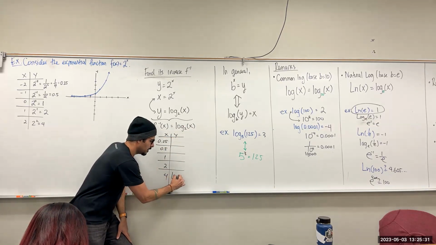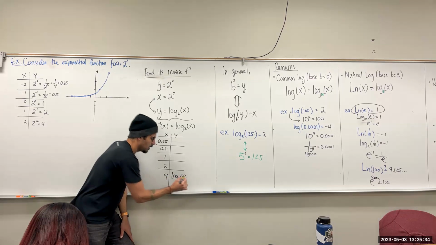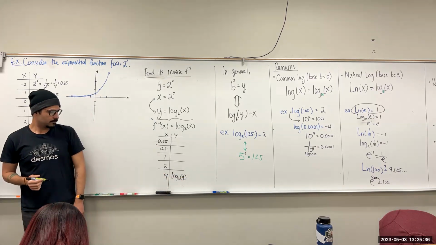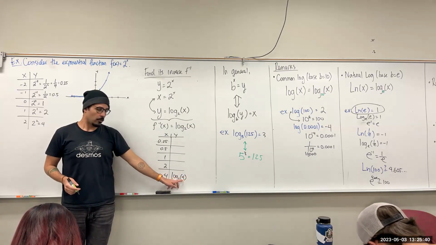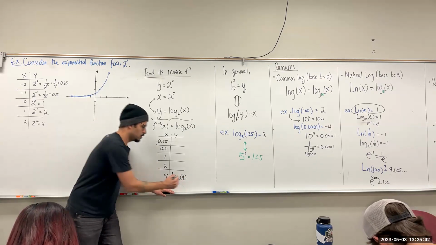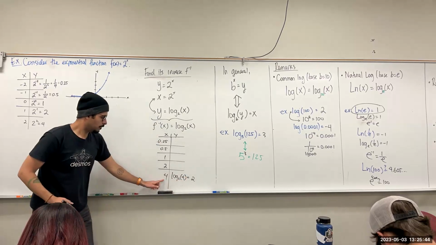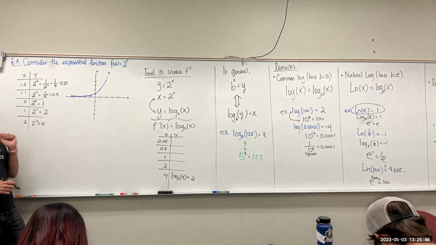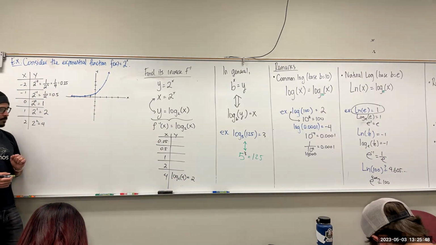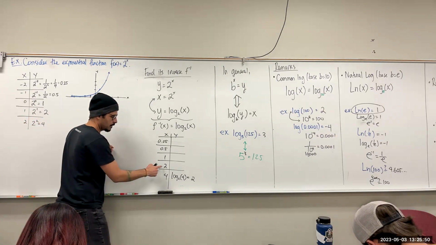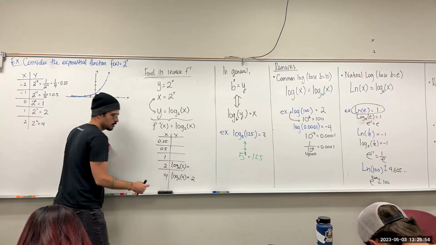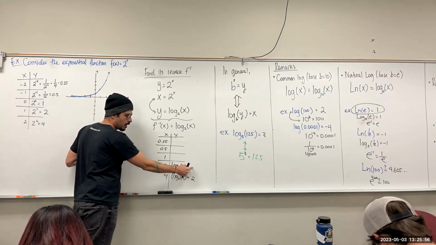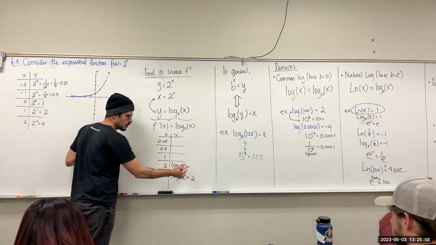So you're gonna get log base 2 of 4. 2 to what power equals 4? 2. So 4 comma 2, 2 comma 4. Here we're gonna plug in log base 2 of 2. 2 to what power equals 2? 1.